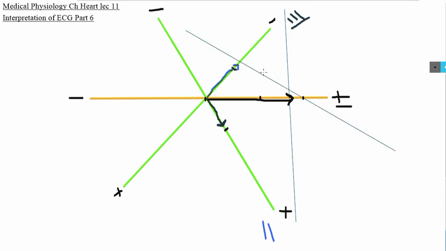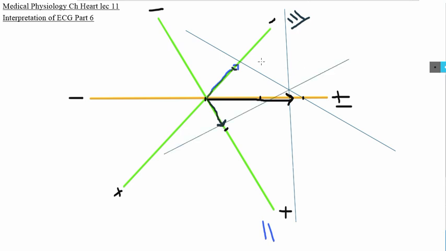This is the resultant vector that I have projected on the axis of lead 3, that is the arrowhead of this, and it also crosses the perpendicular of lead 1. Now I have to draw a perpendicular on lead 2 as well.